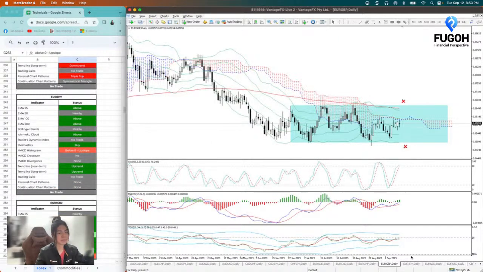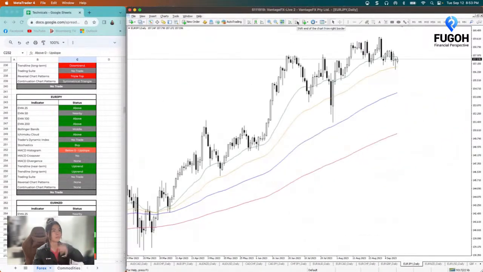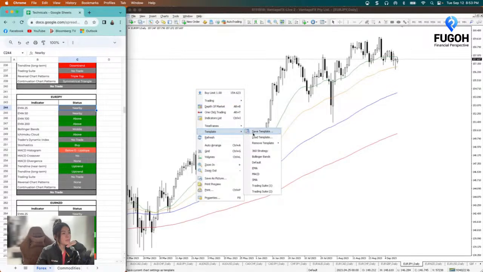How about Euro Yen? For Euro Yen, EMA 25 is below. The price is between EMA 25 and 50, let's say nearby both of them. EMA 100 and 200 are still in here, so the price is above EMA 100 and 200.